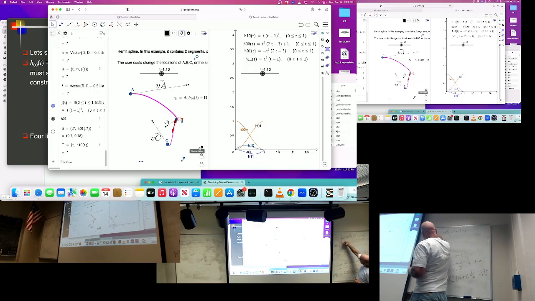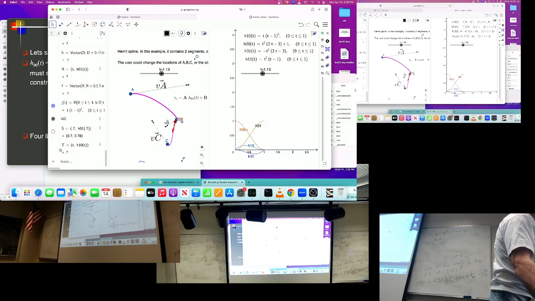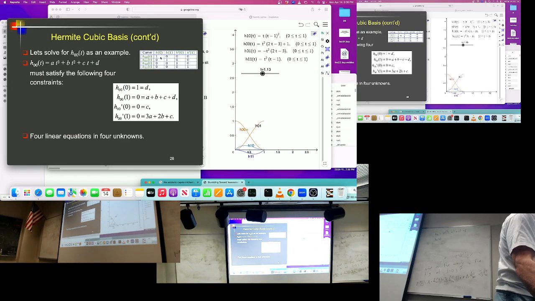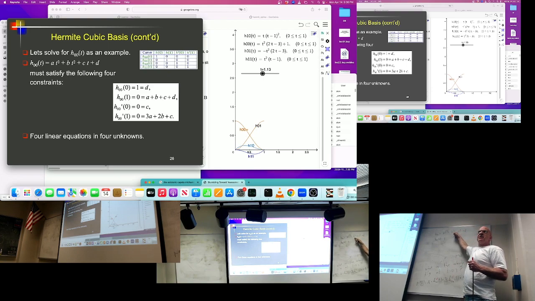What do I need for it to satisfy? So H00 at 0, remember, that was my spec. H00 at t equals 0 must be 1, to give weight of 1, implying that whatever at t equals 0, all these expressions are 0, this is 0, this is 0, d is the only non-zero, implying that d must be 1.